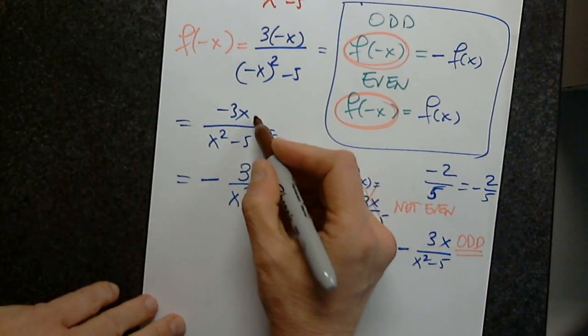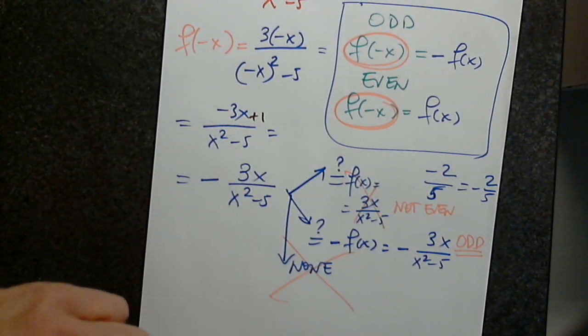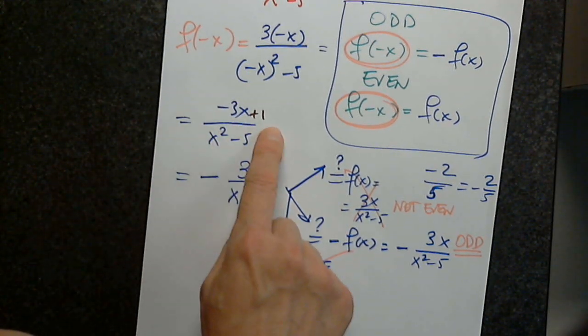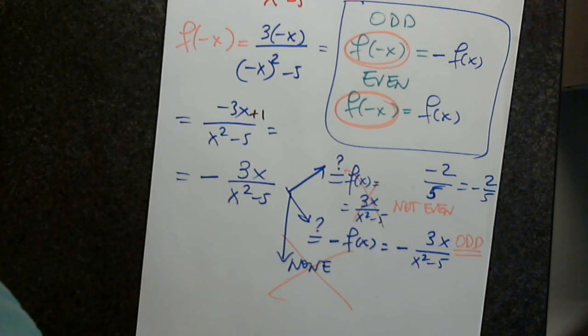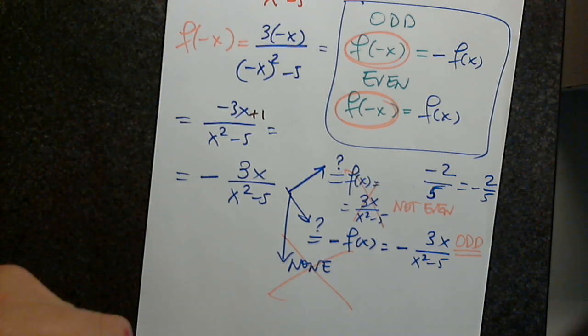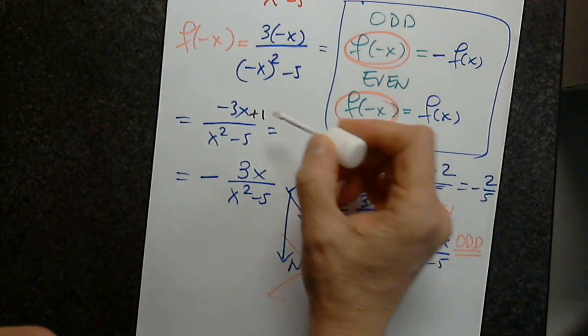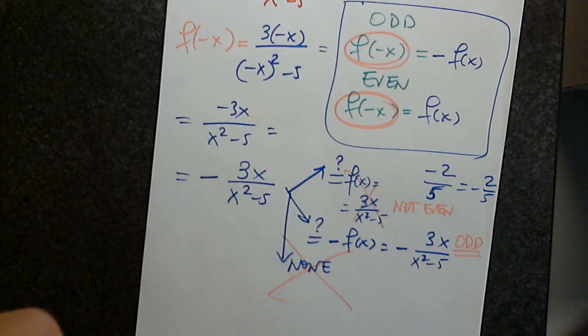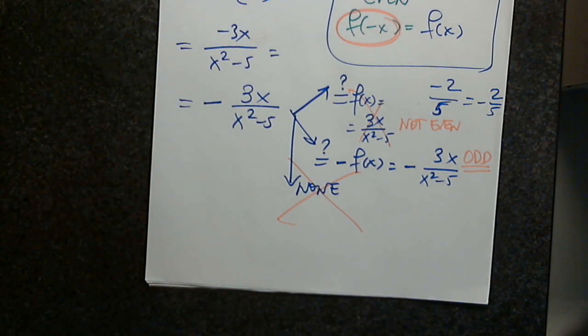If I had this, do not change anything, then I would not have been able to do that. I would have had to pull it out from both. But in this case, I have just one term with 1, 2, 3 factors, and I can take negative 1 in front. Is that better? Okay, so let's look at one more.